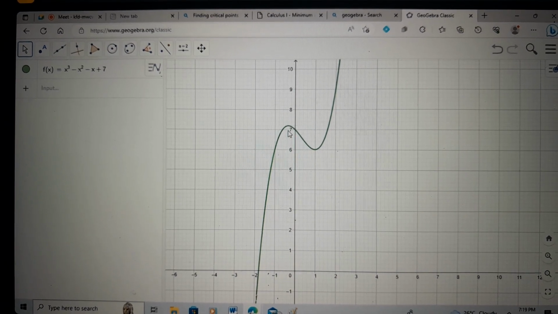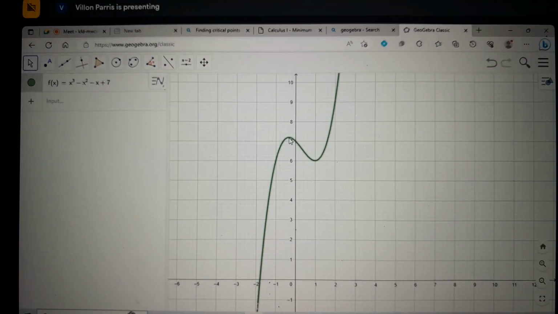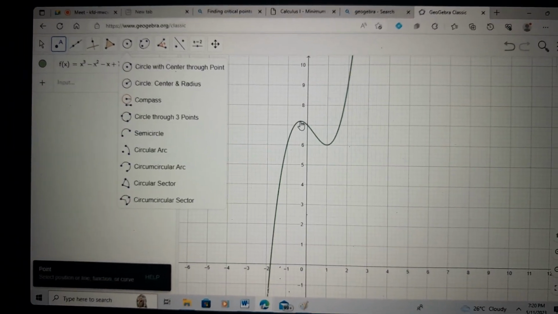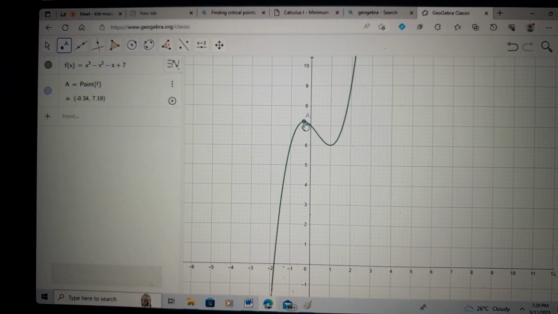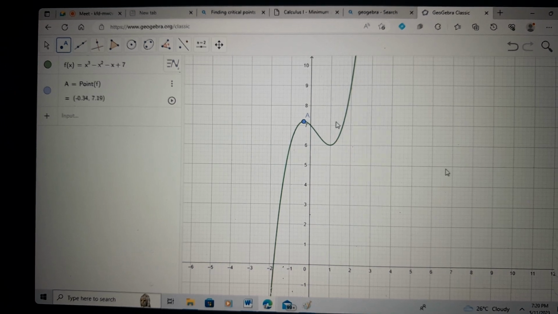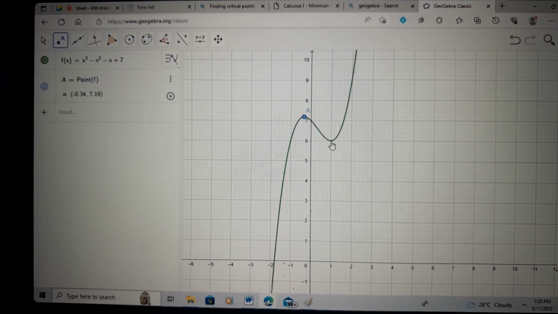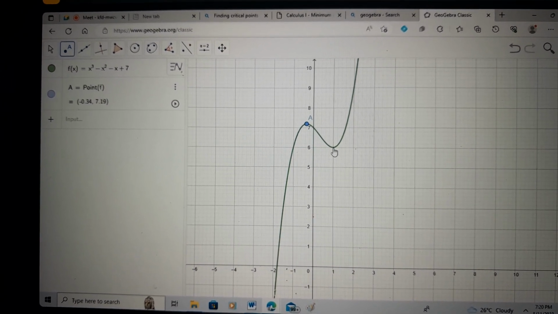And this seems to be one of the points. Let me go to point. Somewhere around here. And this seems to be the other one. We won't get it exact.